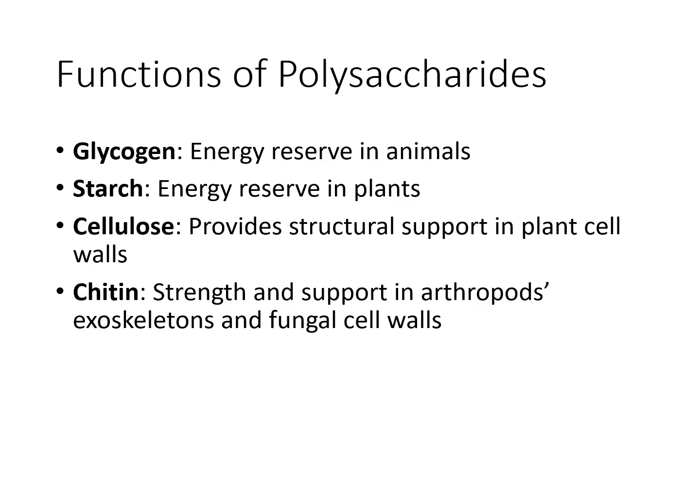Polysaccharides are long chains of sugars that serve different functions depending on their structure. Glycogen is the main energy reserve in animals, stored primarily in the liver and muscles for quick access. Starch serves a similar purpose in plants, it's their primary energy storage molecule. Cellulose provides structural support in plant cell walls.